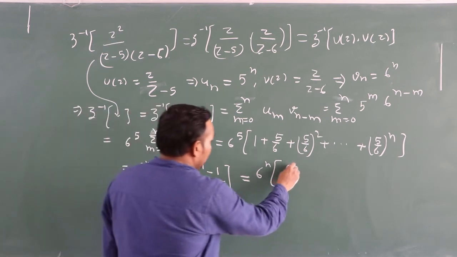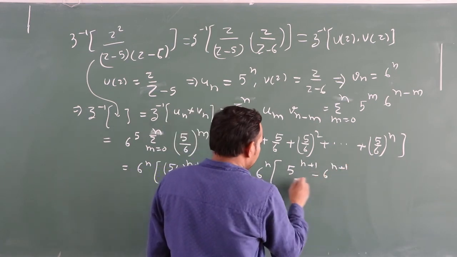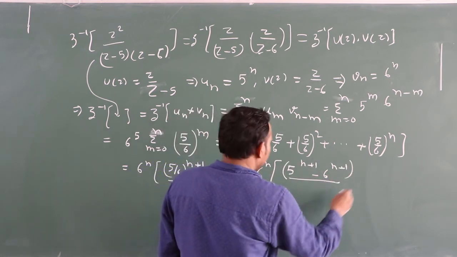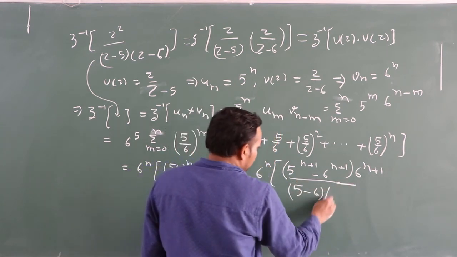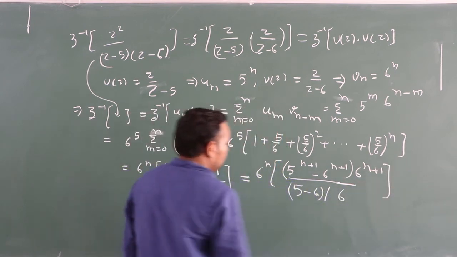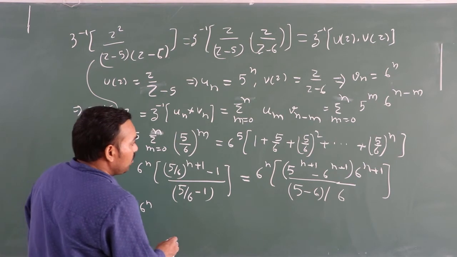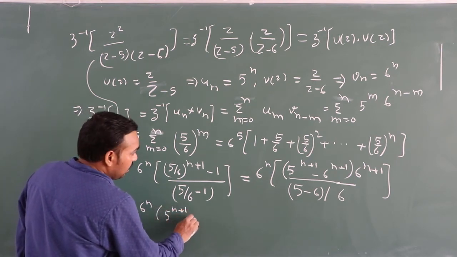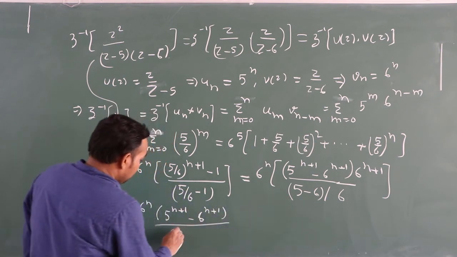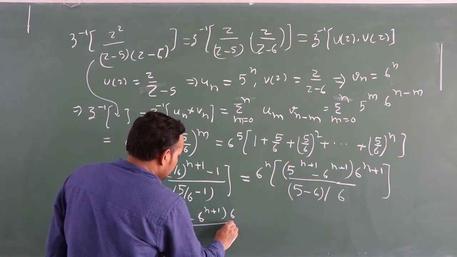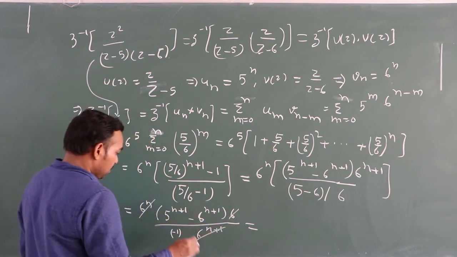This can be written as (5 to the power n plus 1 minus 6 to the power n plus 1) upon (5 minus 6), where the 6 to the power n plus 1 in the denominator cancels out.